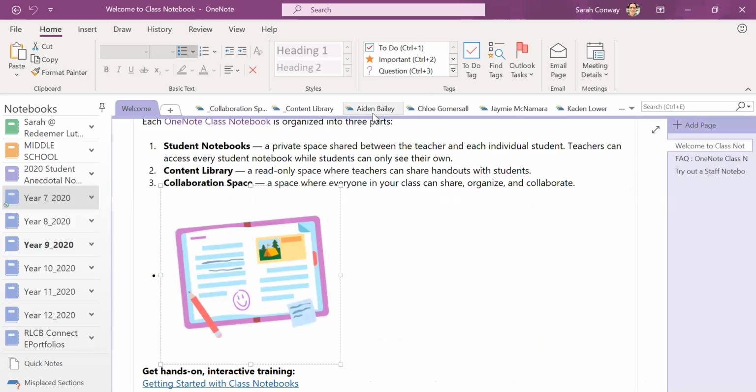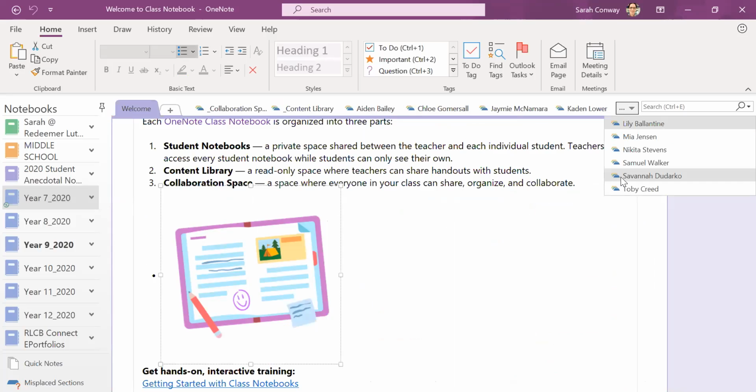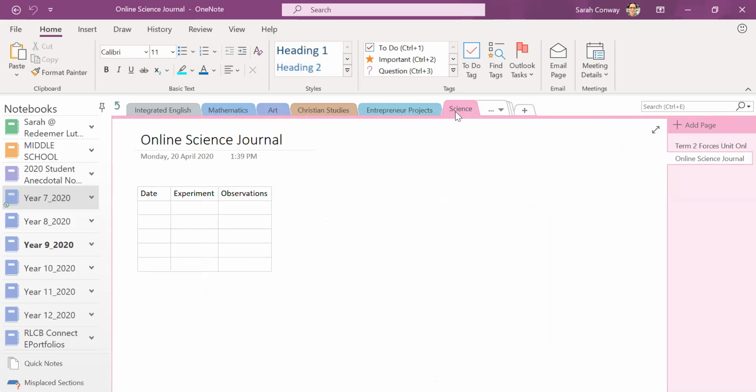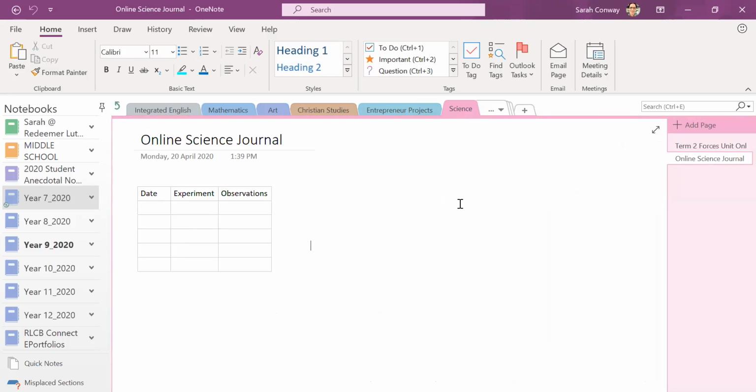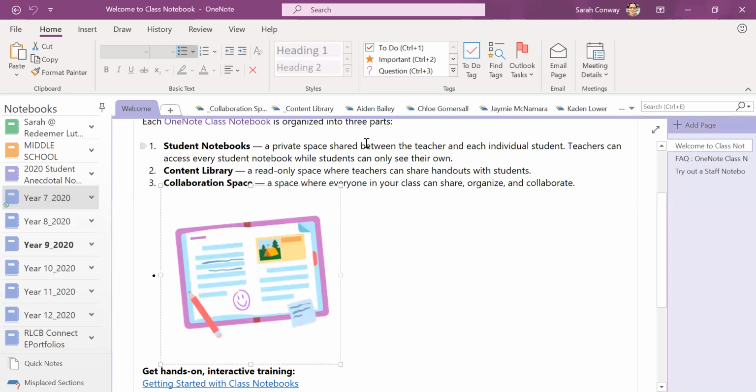Another way that you could do this is, on this one, I've set up completed tasks to go here for Lily, and then the online journal, you can write your own online journal here on your own tab under science. So that's one way of keeping up homework.